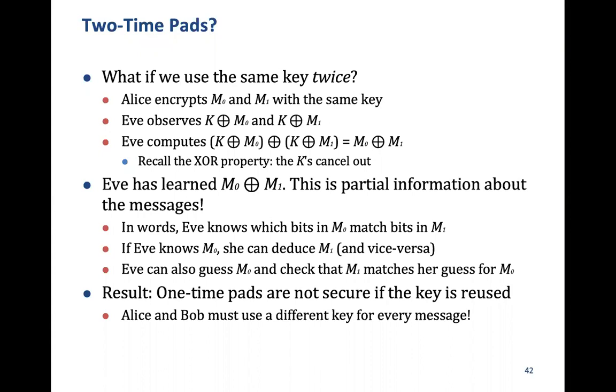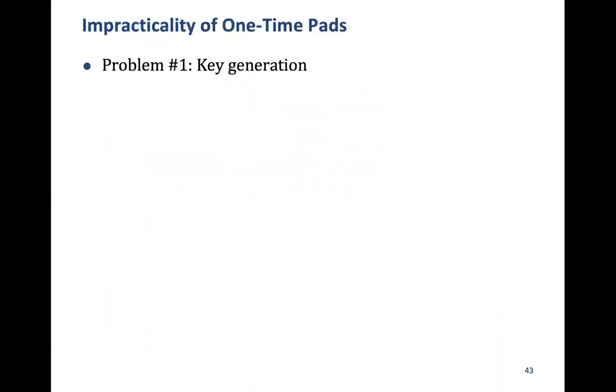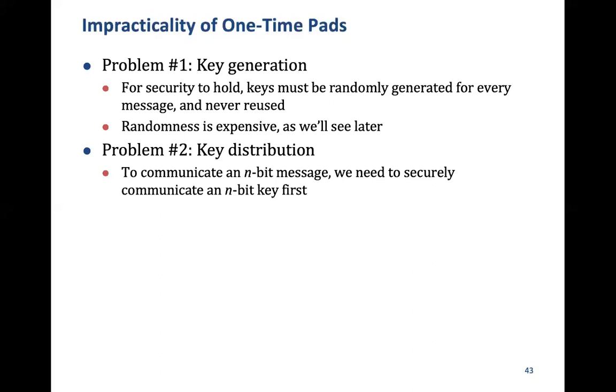So now Bob and Alice have to use different keys for every message, and this is not a very practical thing. It will require a lot of time in key generation, because as we will see, randomness is not free; it requires time and effort. Second is key distribution.